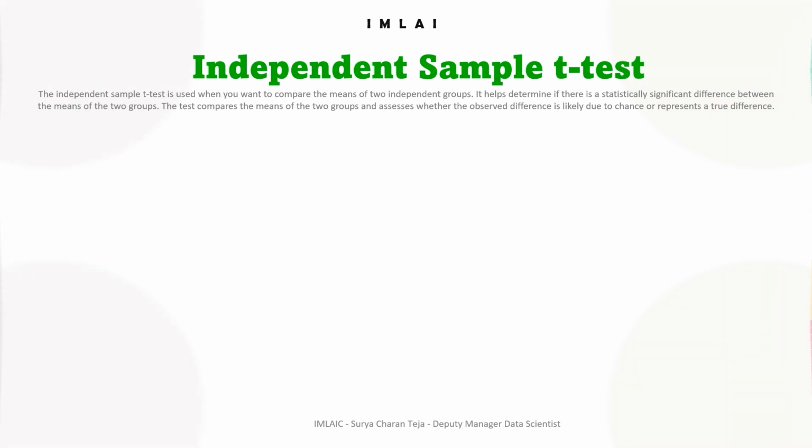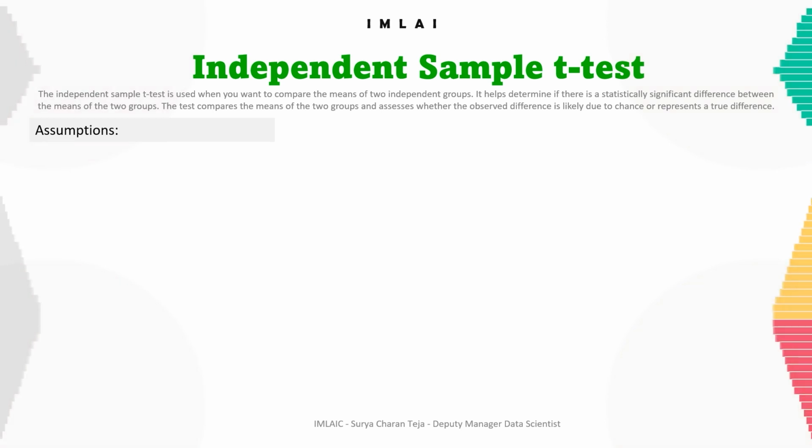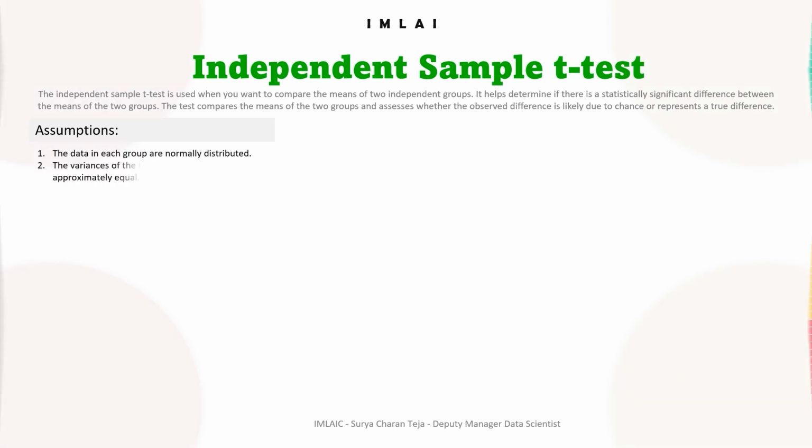So let's see some of the assumptions here first. The data in each group are normally distributed, the variances of the two groups are approximately equal, and the observations in each group are independent of each other.